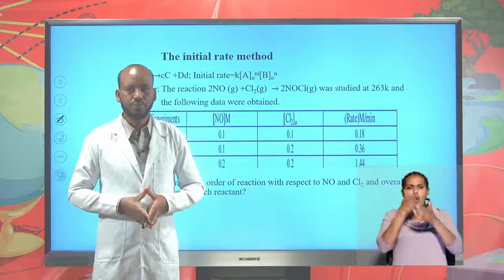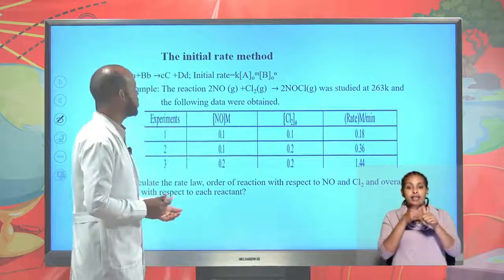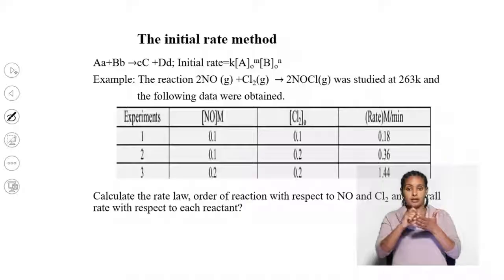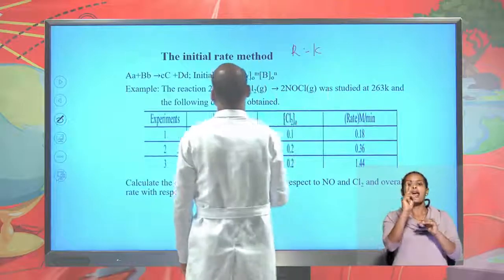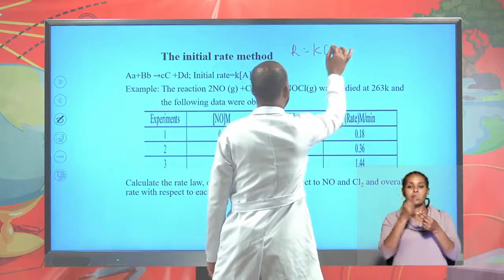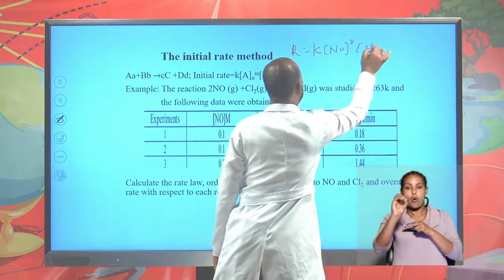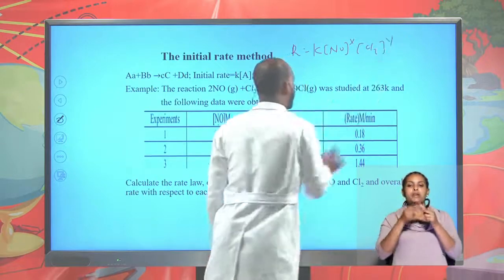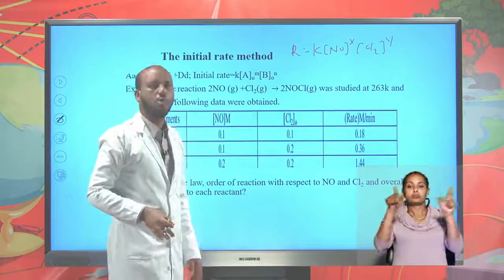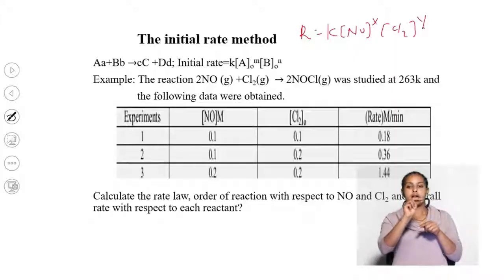What do you do? Your first step is to write the rate law for this reaction. Now the rate law for this reaction is rate equals k times concentration of nitrogen monoxide to the power x times concentration of Cl2 to the power y, where x and y are obtained experimentally.